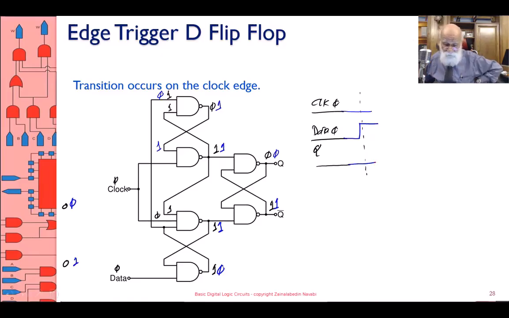I'm going to change now my clock from 0 to 1. I keep this a 1, and I want to find out what happens to Q. Clock changes from 0 to 1. This remains at 1. Okay, now the one that changes, that's the one you propagate. Clock changes from 0 to 1.